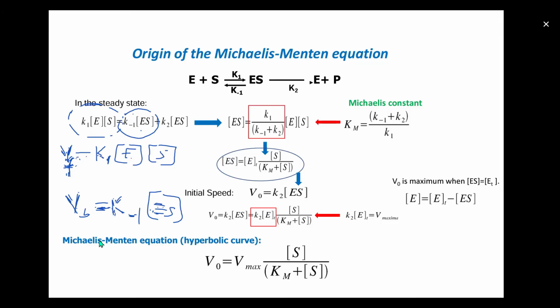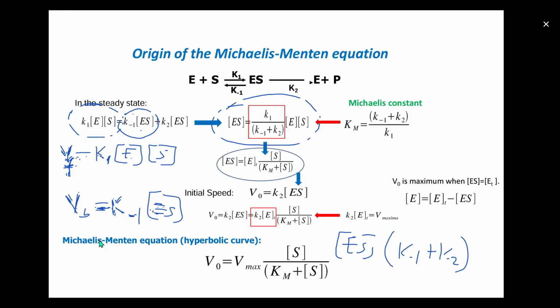After you factorize it, we open bracket, we have minus K1 plus K2, and here we have enzyme substrate. And that is how we arrive at enzyme substrate complex equals K1 over minus K1 plus K2 times enzyme substrate complex.